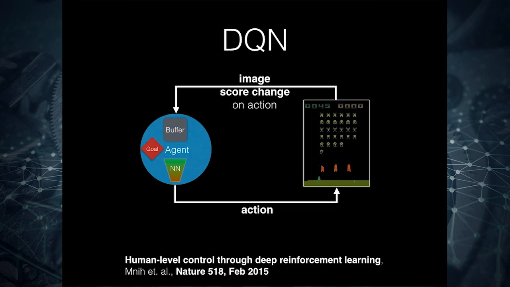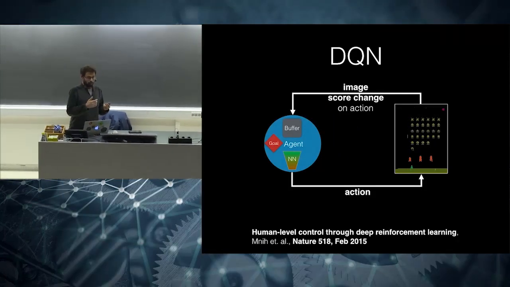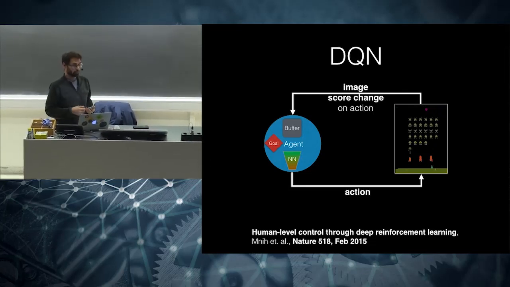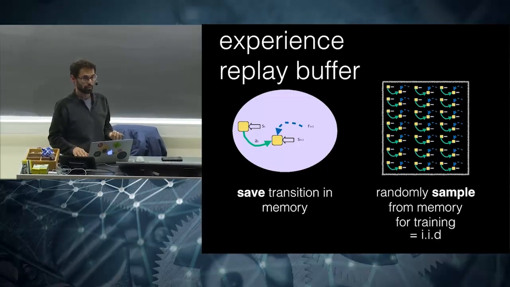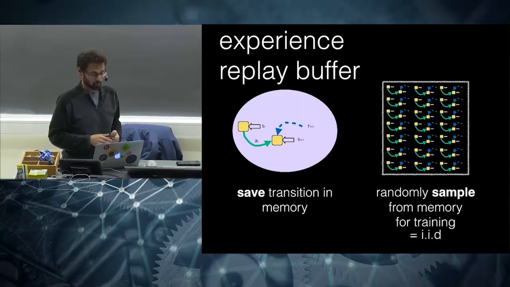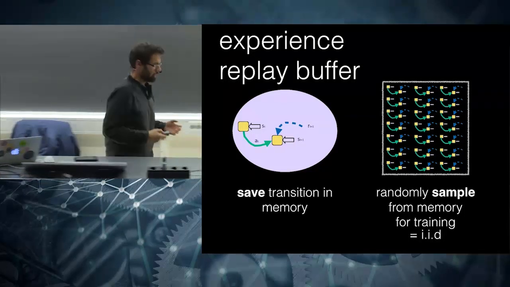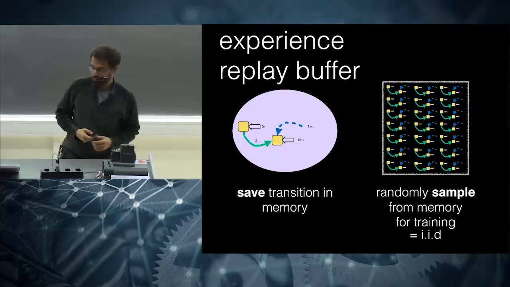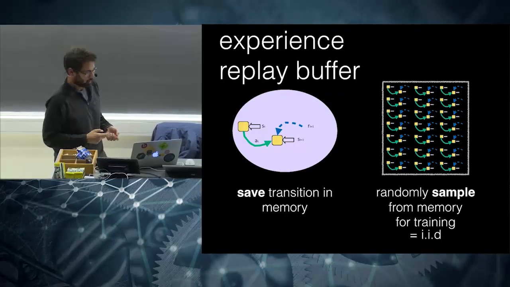But you can't just use Q learning as is. There's a deep neural network in the picture, so you have to use the data that you collect, experiential data that you collect, to train the neural network in clever ways. So there were some innovations needed to use that data in order to train these networks. One of them was to use a buffer that keeps the recent historical experience and reuses it over and over.